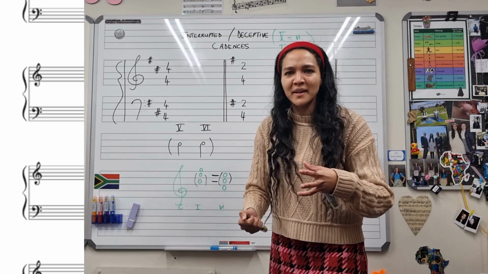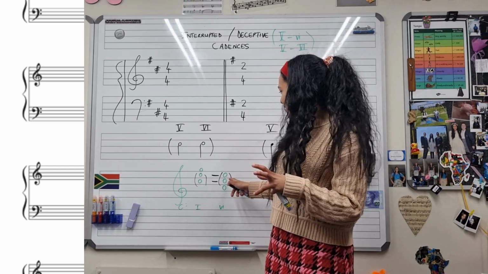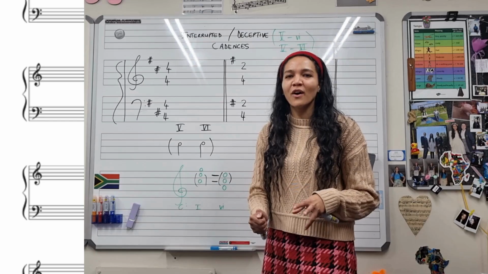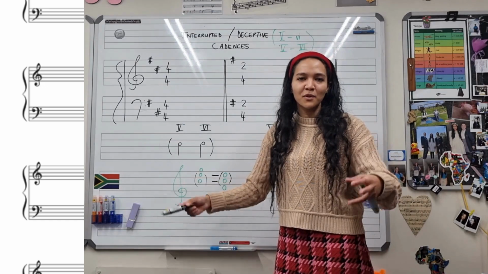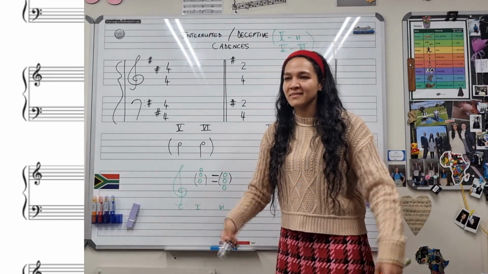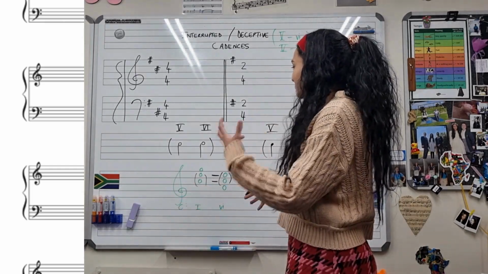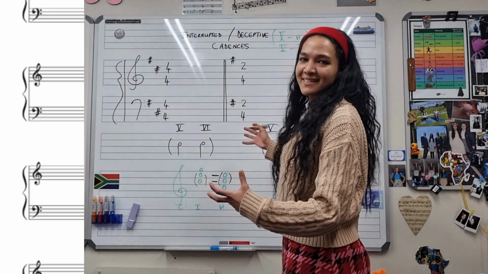It's not what I expected. It's different. I expected a little bit of this C and E, somewhat satisfactory, but also it's catching me off guard. So that's why we call this the interrupted cadence or the deceptive cadence, whatever you want to call it. Let's just stick to calling it interrupted in this video. This is why it's here, to interrupt us.